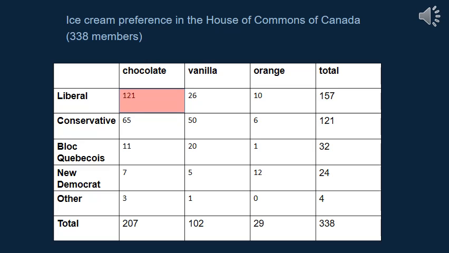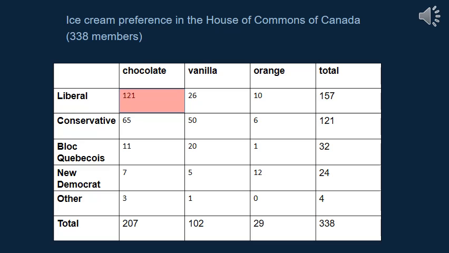If I look at my table carefully, I can see something. I can see that the cell in which I'm expecting the most MPs, the highest number, is the one highlighted in pink here, the one that makes the correlation between liberals and chocolate ice cream, because liberal is the most popular political affiliation among MPs, with a total of 157, and chocolate is the most popular ice cream flavor with a total of 207.